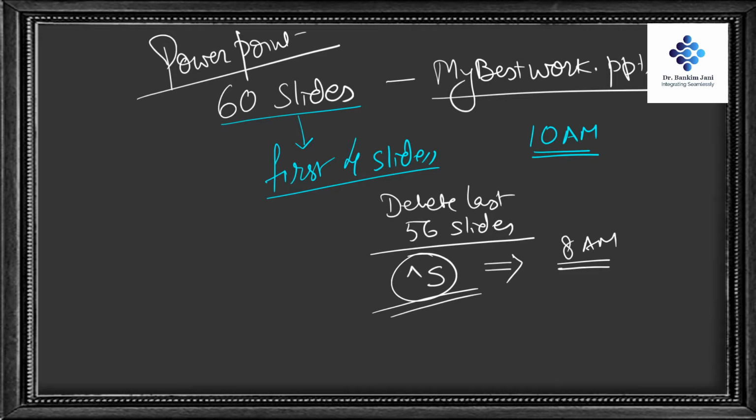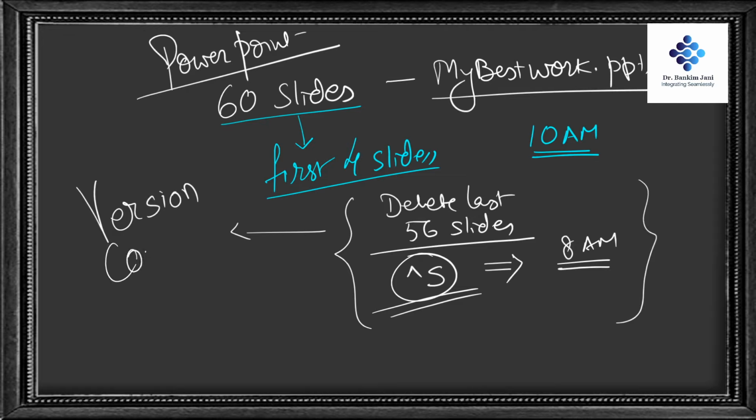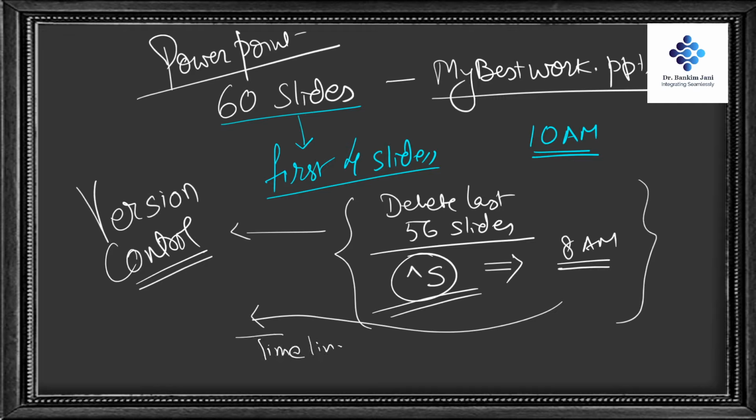This is something which gave the concept of version control. Version control means whenever you did Control S, it kept on saving that file. So actually you can go back in timeline, and you can say that yes, this is something which I really want, and you can then save that file with a separate name.